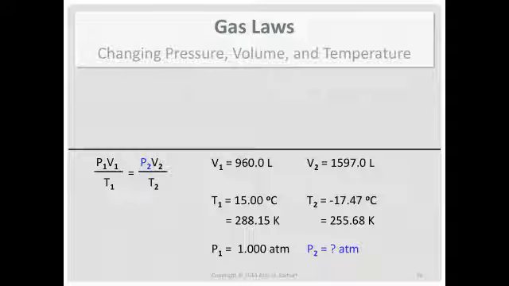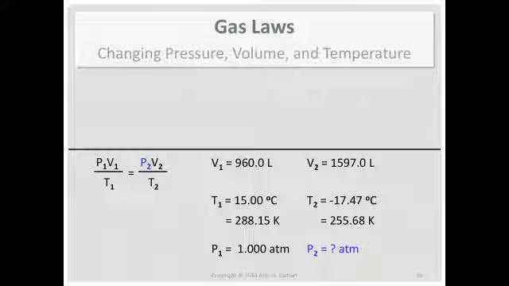You could plug in all the P1, V1, T1, etc. information into the combined gas law as it is, and then rearrange everything. I prefer not to do it that way. I prefer to take a formula that has variables in it and solve the formula for the needed variable first, and then plug everything in.